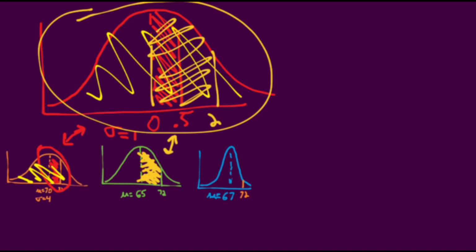So if you were curious about the likelihood of being between 65 and 72 for a female adult, you would just look at the likelihood of being between 0 and 2 on the standard normal. That is readily available in the back of your text, online, anywhere. It's posted on Canvas as a Z-table.